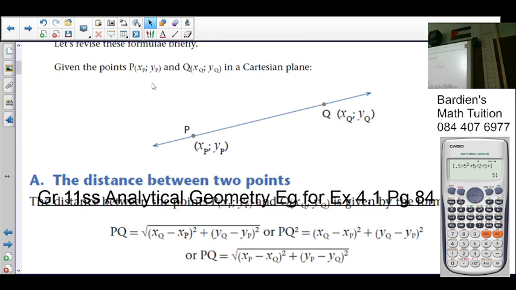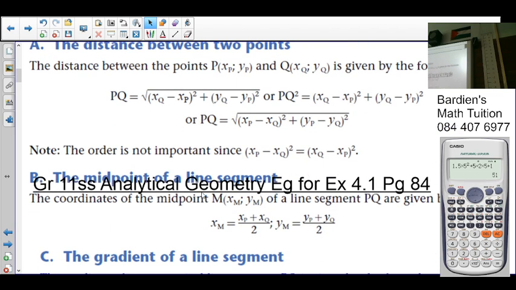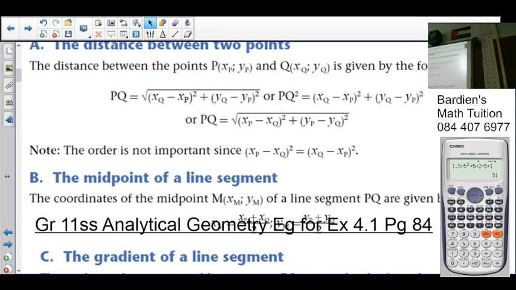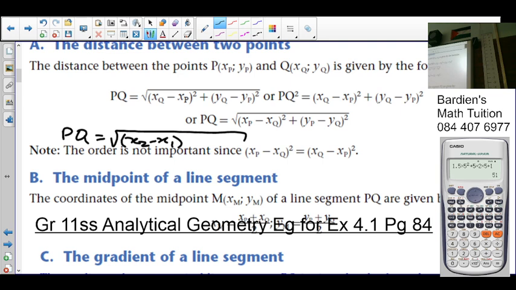So given the points P, xP and yP, and Q, xQ and yQ in the Cartesian plane, that's the formula given. However, now we will use the formula as follows. I think last year I also did it with you like this. If you're working out the distance of a line, which is maybe PQ, it's going to be the square root of x2 minus x1 squared plus y2 minus y1 squared.